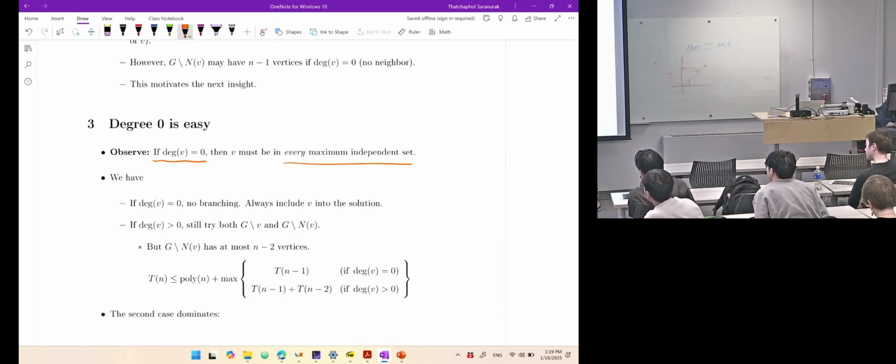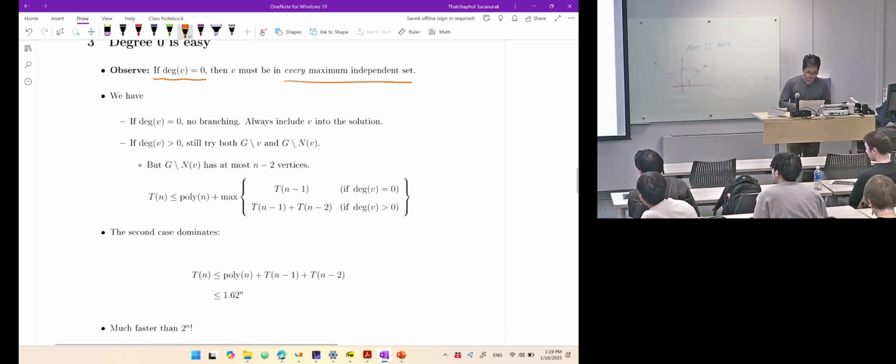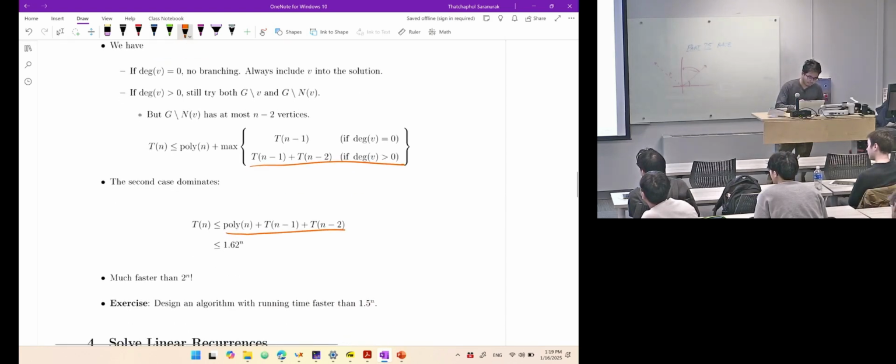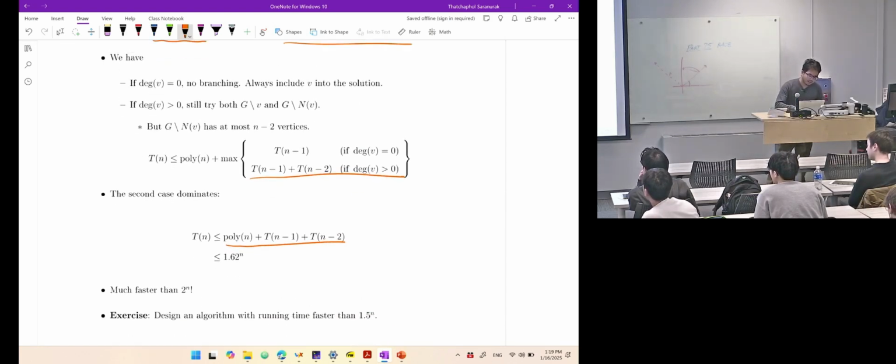So that's the better recursion. This case dominates everything, so the recursion looks like this. Okay, so it's actually a bit better, but now I claim that this recursion can be solved to something better than 2 to the n.